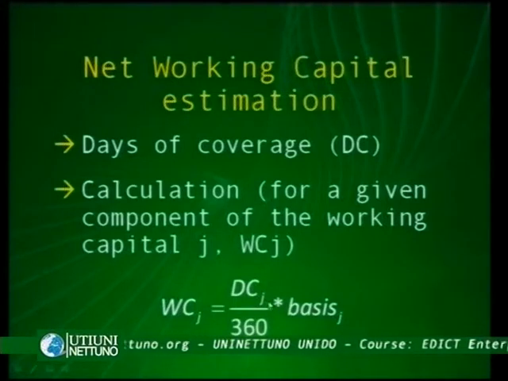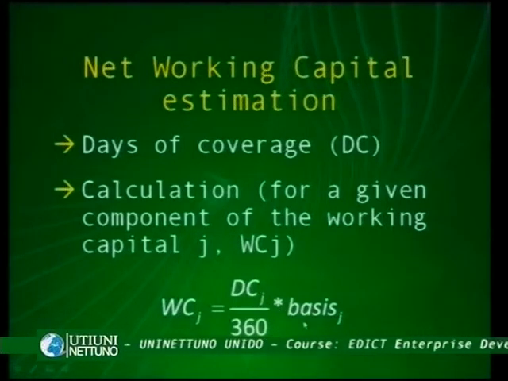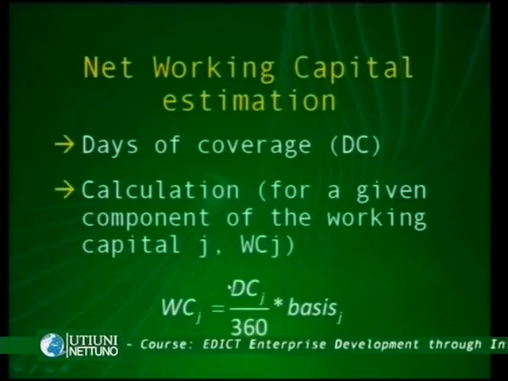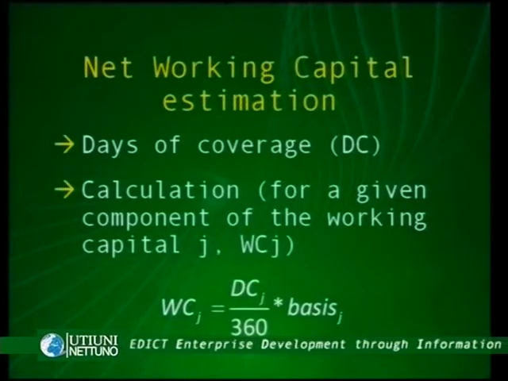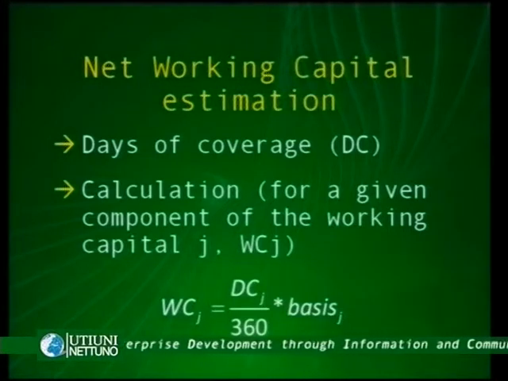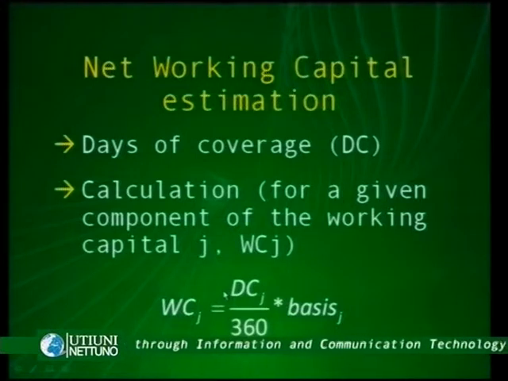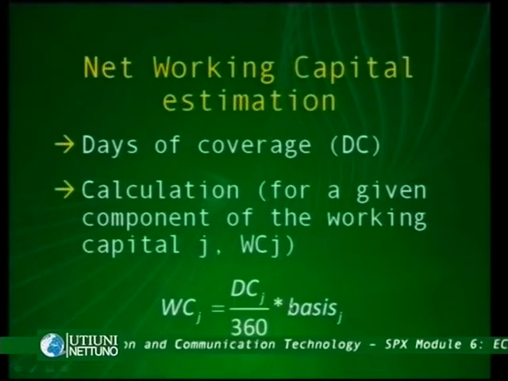So this formula is a product between a ratio and a basis. The ratio is the ratio between the days of coverage for that specific item of the working capital and 360, that is the conventional number of days that you have in 1 year. The basis is the operating variable that is generating the working capital. So in the case of raw materials, the basis for the calculation is the annual purchase cost.